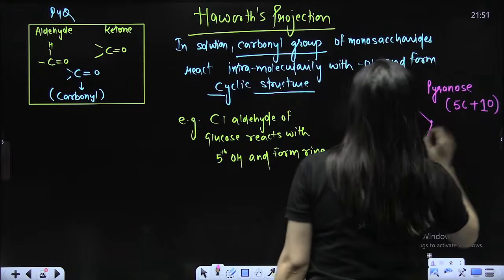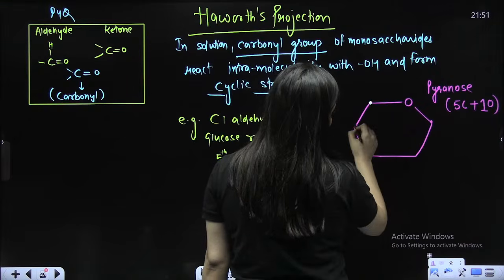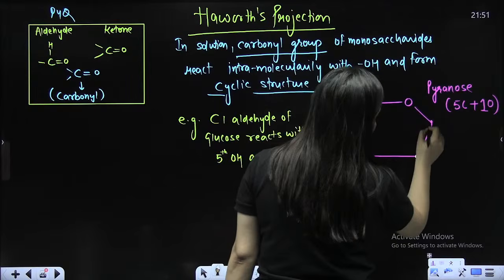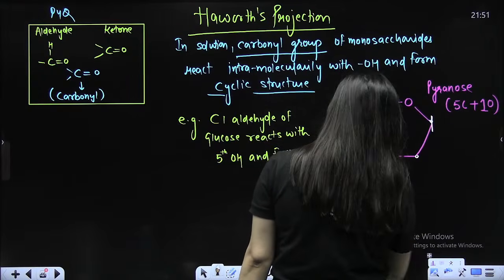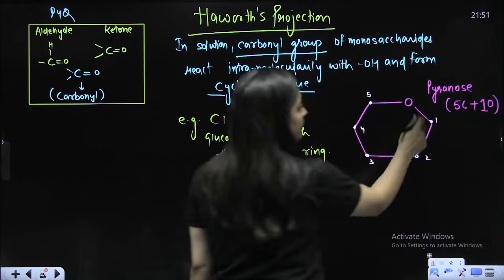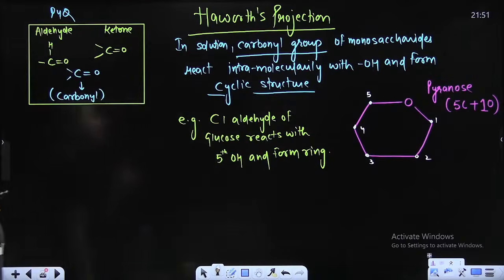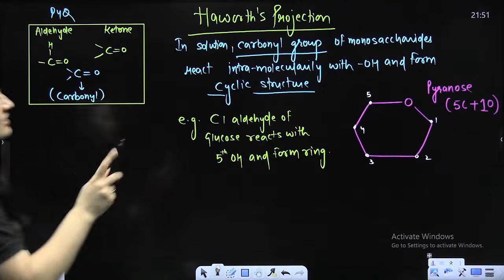Look at this ring: this is carbon number 1, 2, 3, 4, 5. There are 5 carbons, but we have a single oxygen. So this 6-membered ring is pyranose. This is one thing that we have to understand.